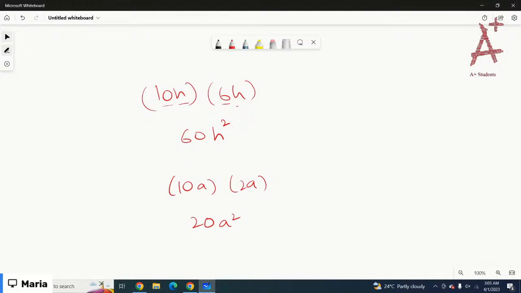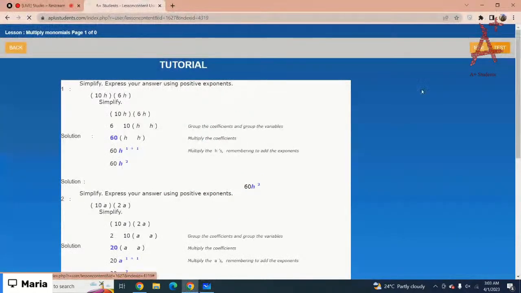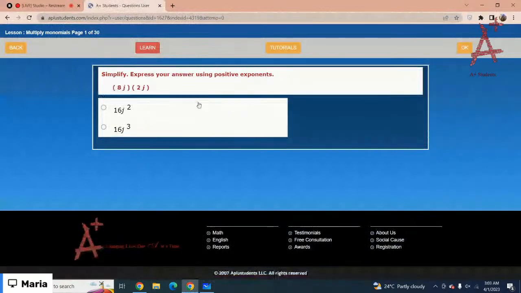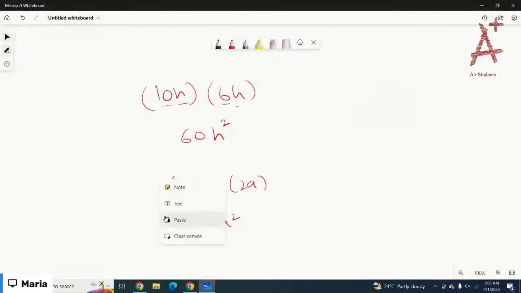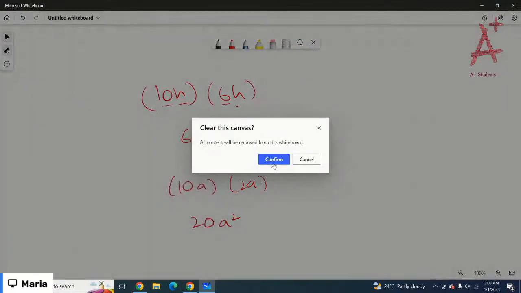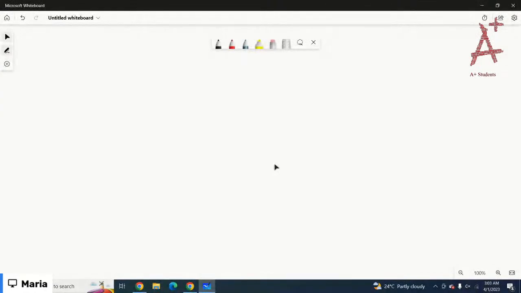So let's start with the other example. I'm going to start with the test. 8j times 2j.